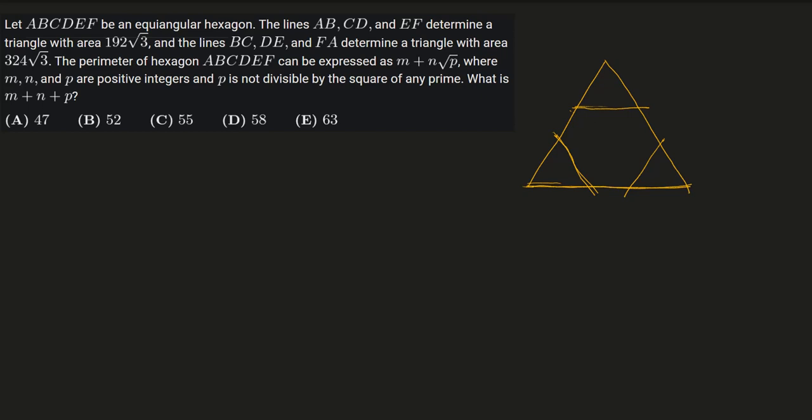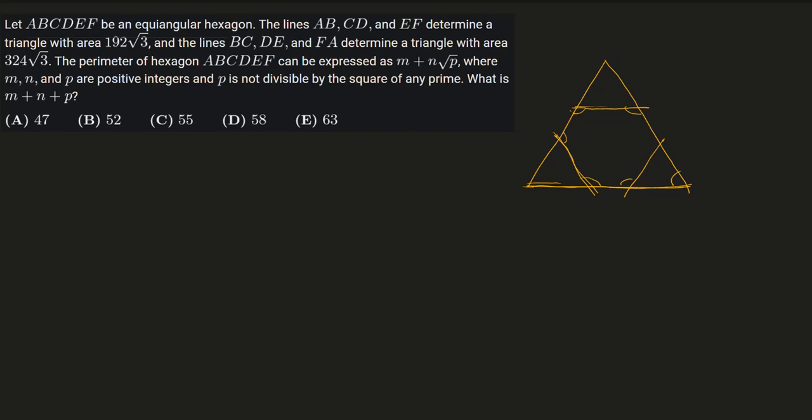Because for an equilateral triangle, this is 60 degrees. Therefore, this is 120 degrees. And the same thing for each of these inner angles. Therefore, by definition, we have an equiangular hexagon already.